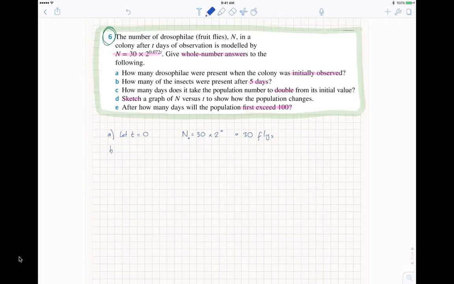B. How many of the insects were present after 5 days? So we let t equal 5 into our formula.